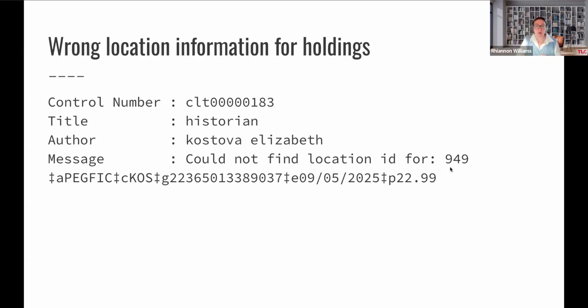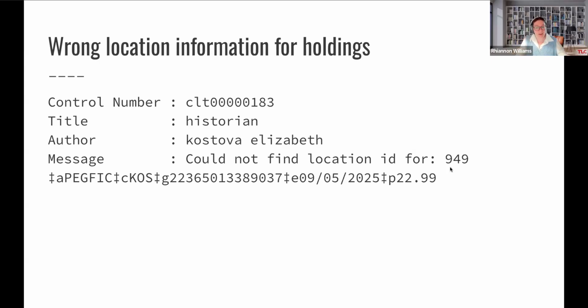They're more than happy to help diagnose exactly where it is and then give you some talking points and information to bring back to your vendor to say, hey, these are the things that are not matching up between the holdings information that you're sending us and what our ILS is expecting for those incoming records. And so your vendor will be able to change that information on their end.